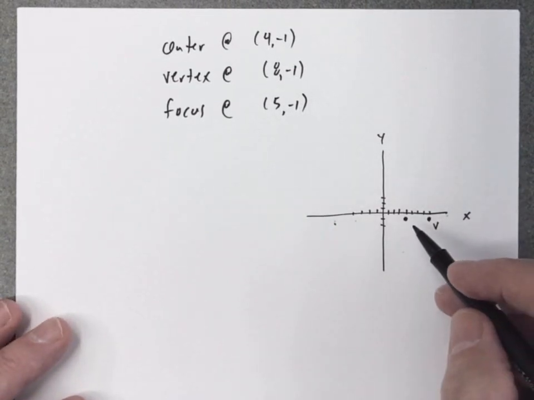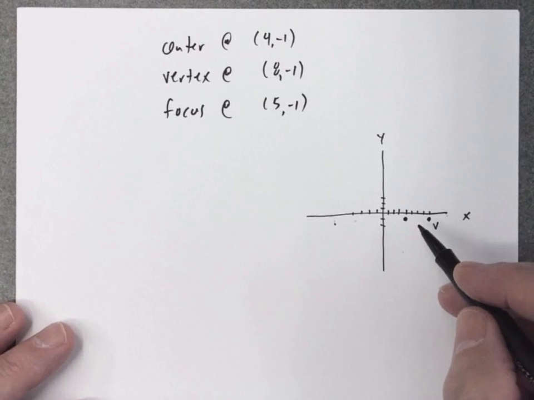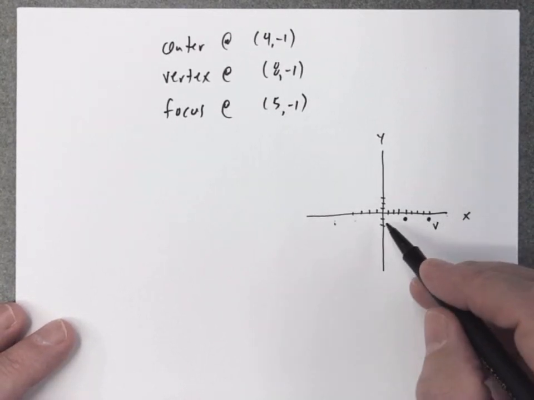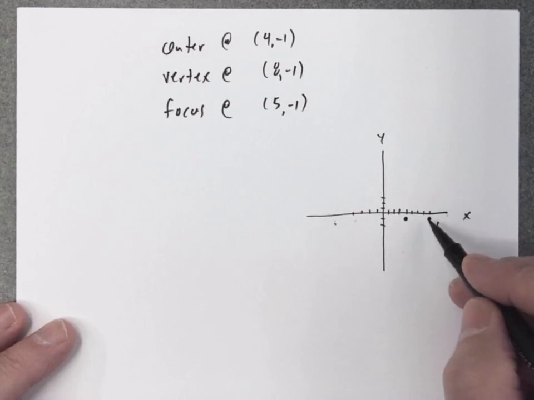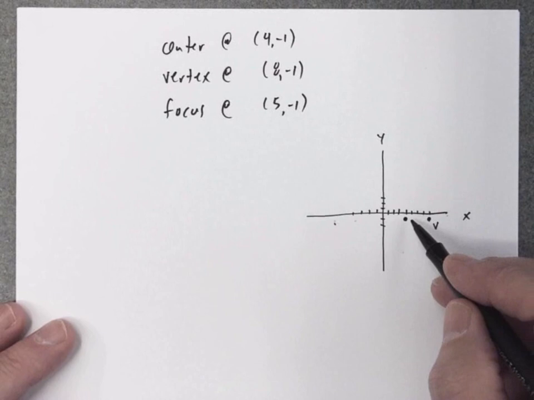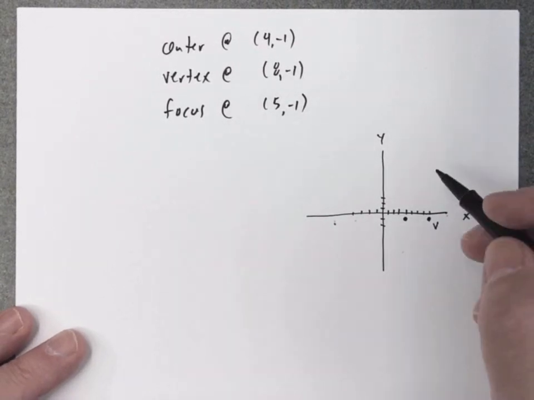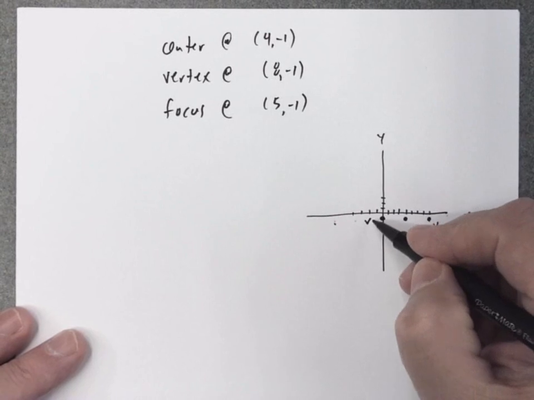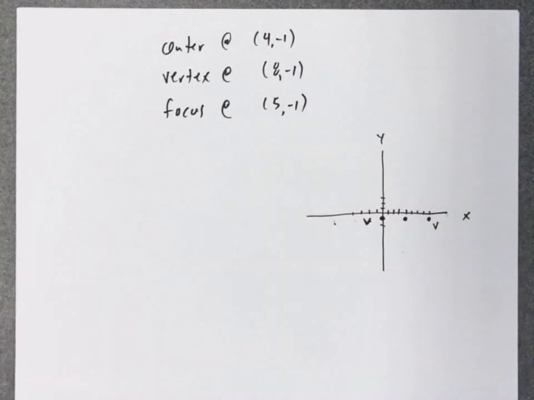So I know that this is going to be a left or right ellipse. To get this vertex, I had to move 4. So if I move 4 in the opposite direction, there's that vertex.